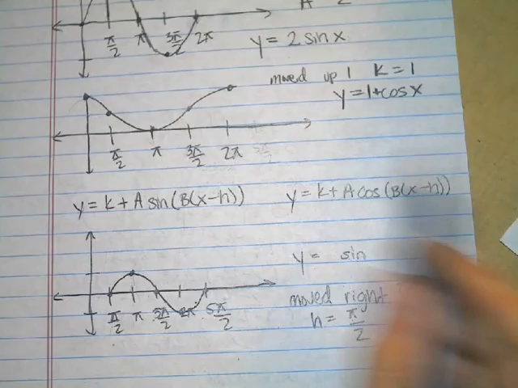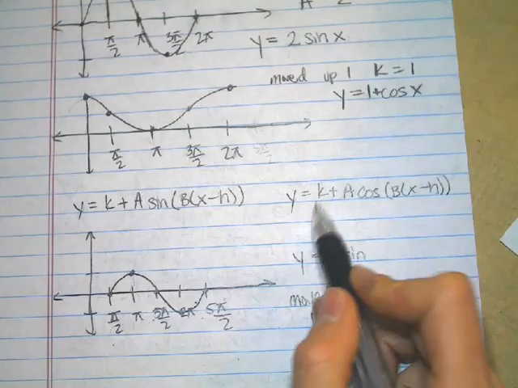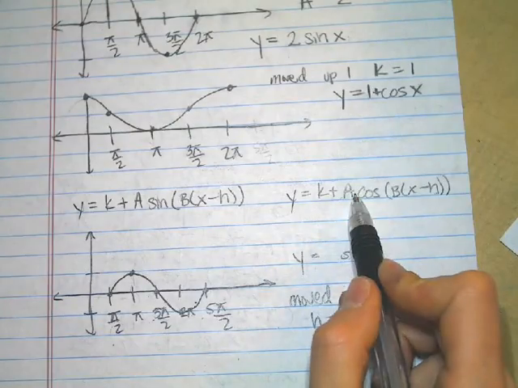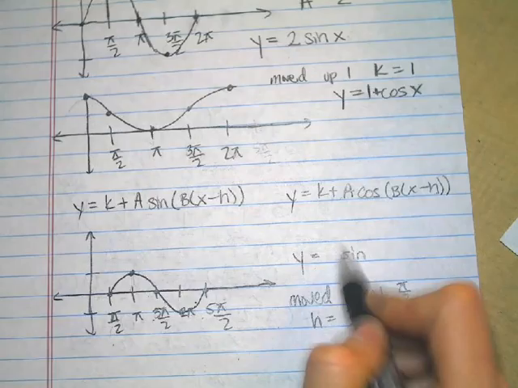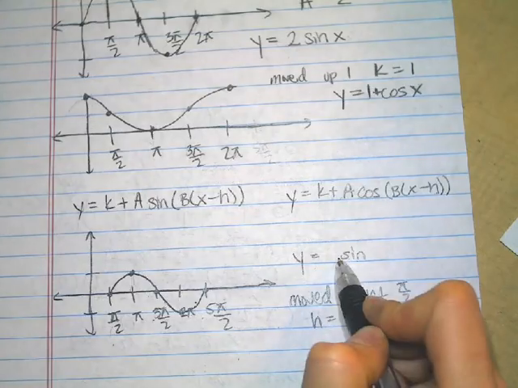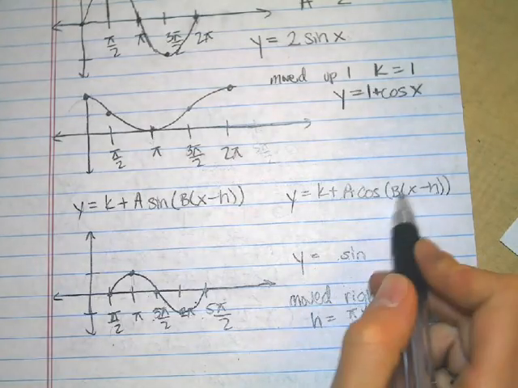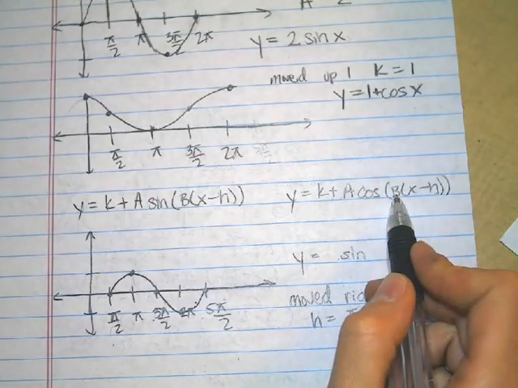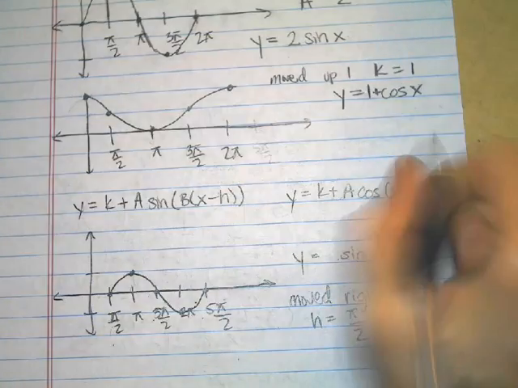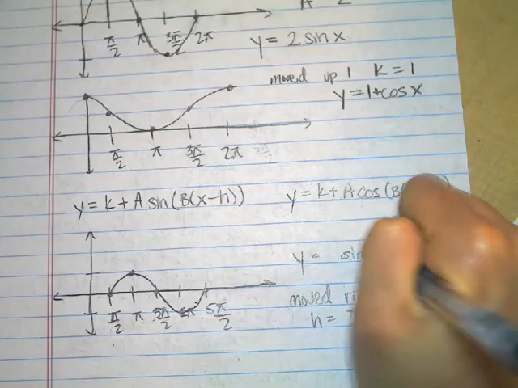Before I told you that the period, which is 1 cycle, is the same thing as 2 pi over b. So what you do is you look at your graph, you take what 1 cycle is and you set it equal to 2 pi over b and you solve for b. So how much is 1 cycle here?